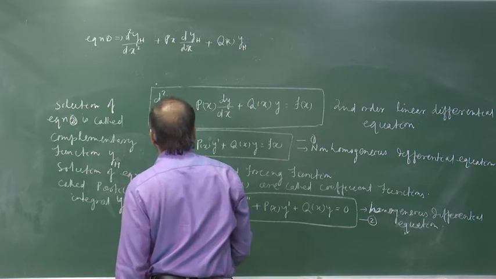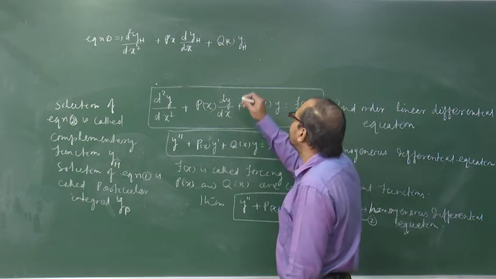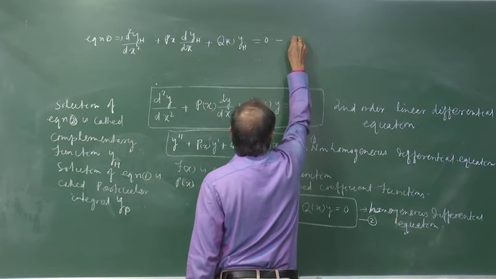That is the homogeneous equation solution, which is called complementary function. Say this is equation 3.